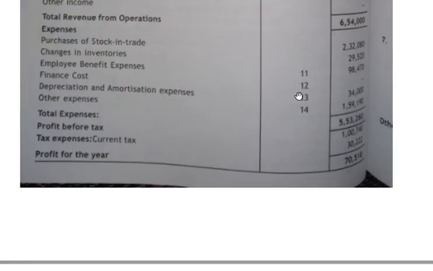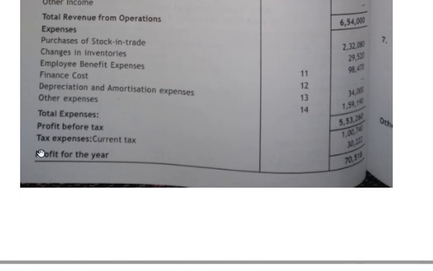So employee benefit expenses, working note number 11, 98,470. Finance cost, we do not have anything. Depreciation and amortization expenses, working note number 13, which is 34,000. Other expenses, working note number 14, which is 1,59,190. So your total expenses you have 5,53,260.